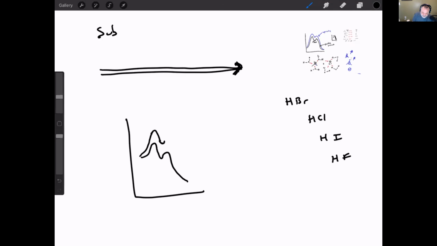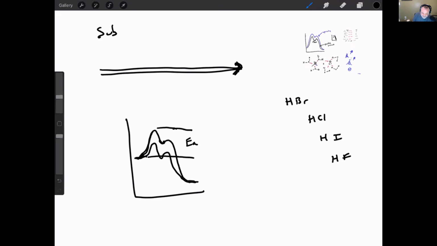The Hammond postulate tells us that if the energy of the minima is higher, then the maxima leading to that minima is also higher. If we're talking about the same set of reagents, that means we have the same reactants. If we're talking about the same products, we have the same energy for the products. And because those energies are the same, that means that the aprotic solvent increases the activation energy.